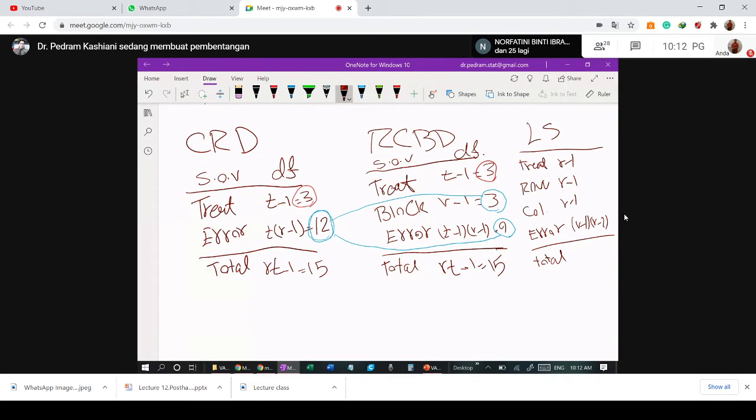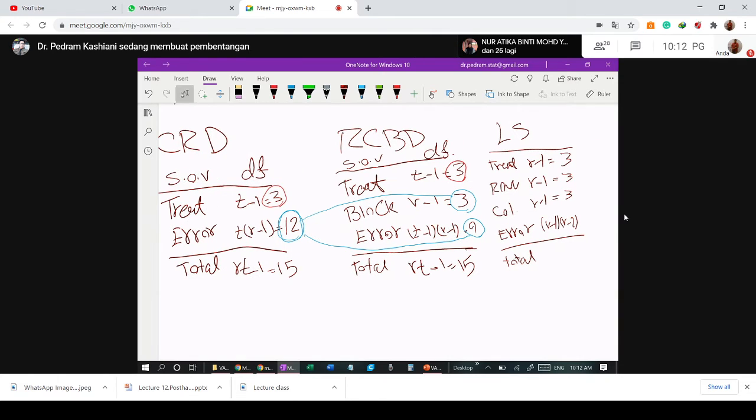So here 4 minus 1 is 3, 3, 3, and R minus 1 times R minus 2 is how much? 3 times 2, 6. So again, you can see that my treatment is still 3. In all the designs, the treatment is 3.